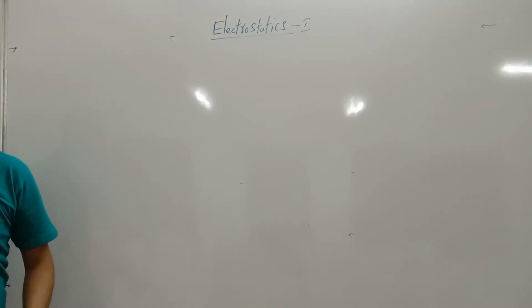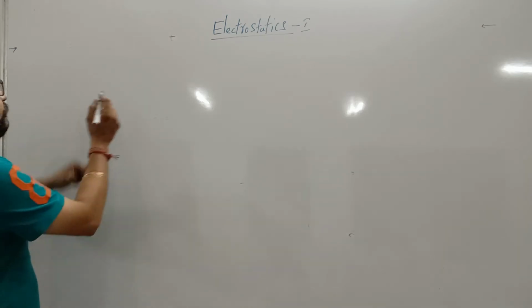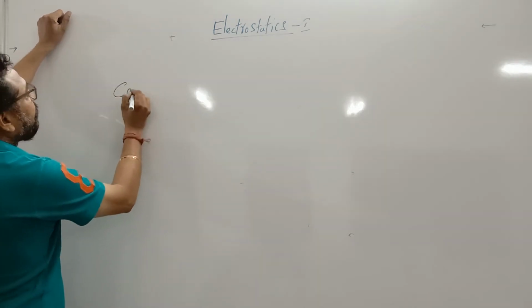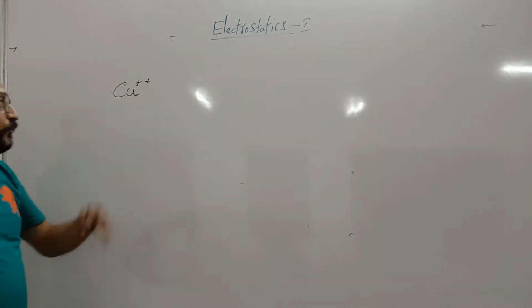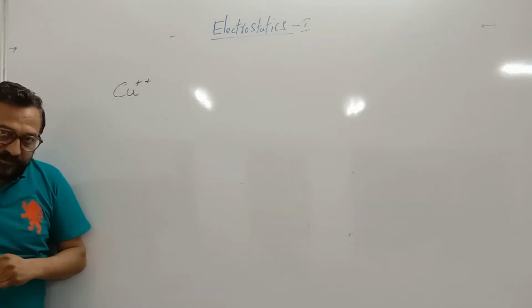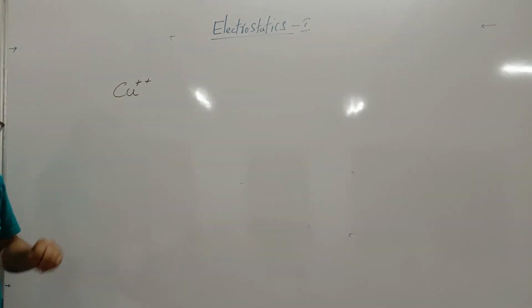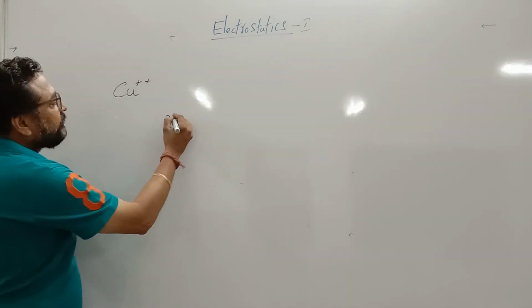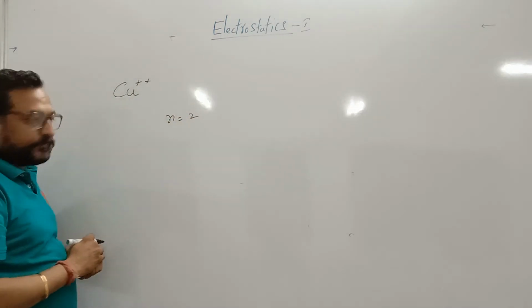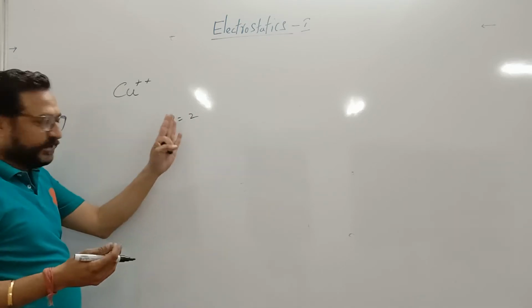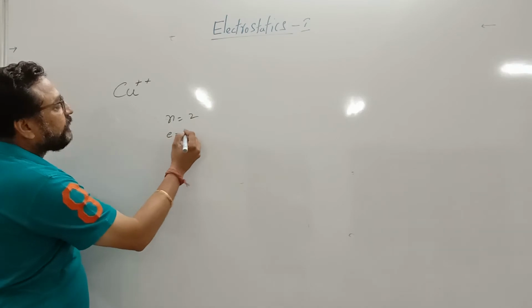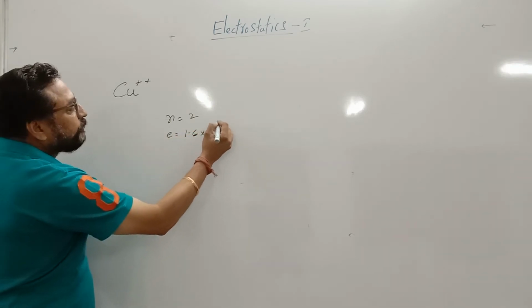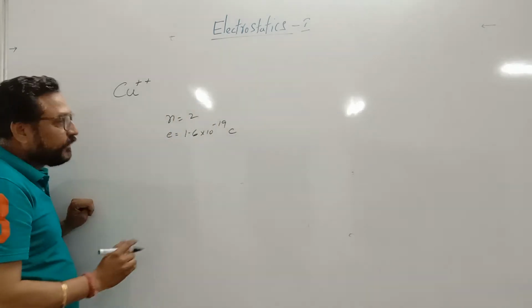Next is the next part. If the ion is Cu double plus, copper double plus, find the amount of charge. What is the charge on this one? Very simple. n is 2. There is no positive or negative on e because it is a positive integer. e is equal to 1.6 × 10^-19 coulomb.